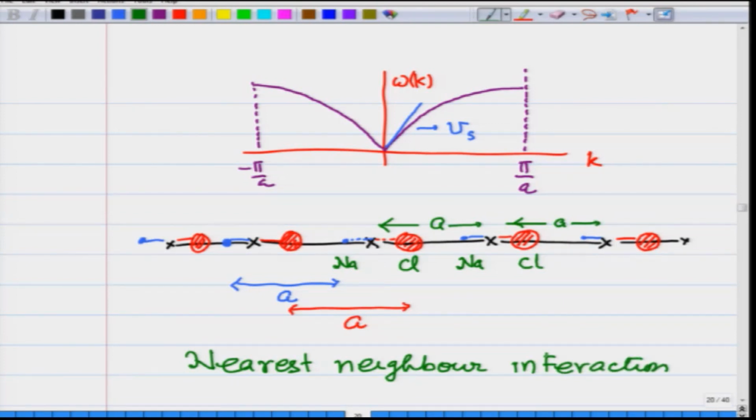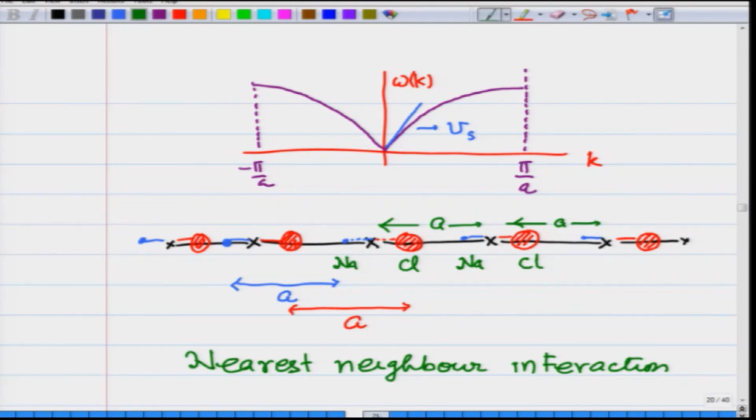That means the atoms from one site interact with atoms only at the next site, or the atoms nearest to them and nothing else. This itself brings out many features of the vibrations of this kind of system, as it did in the case of a single kind of atom on a lattice. So, let us see now what happens in this case.